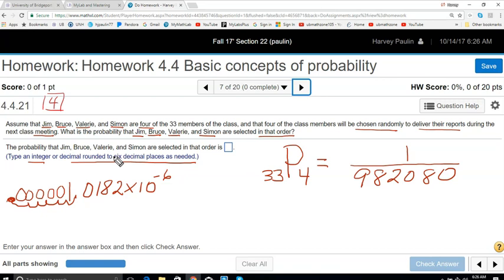Just go plus 1 and then disregard the 1, and it gives you the decimal point 0, 0, 0, 0, 0, 0, 1, 2, 3, 4, 5, 6.